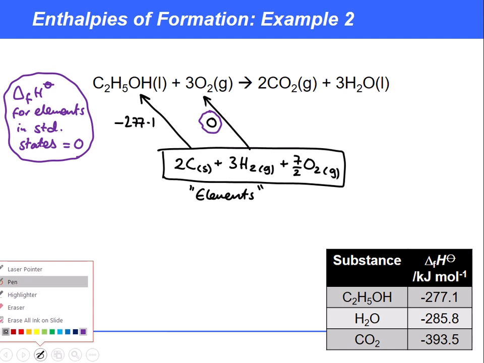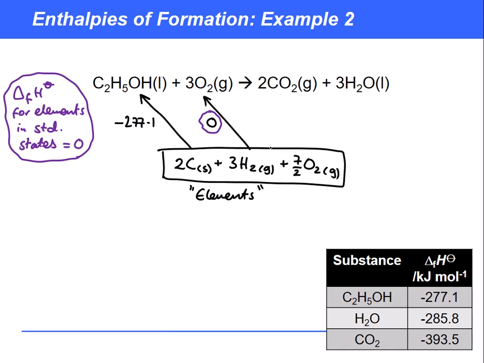Now let's continue. So when we come over this side, we want to connect the elements up to the 2CO2, and we immediately encounter another complication, which is that the enthalpy of formation of carbon dioxide is minus 393.5. But in this case, we're actually not making 1 mole of carbon dioxide, as the enthalpy of formation's definition suggests, but we're actually making 2 moles.